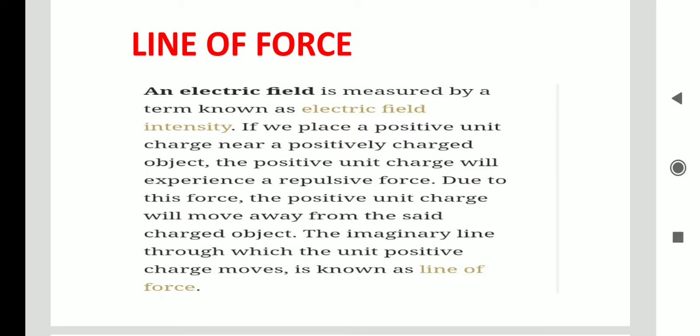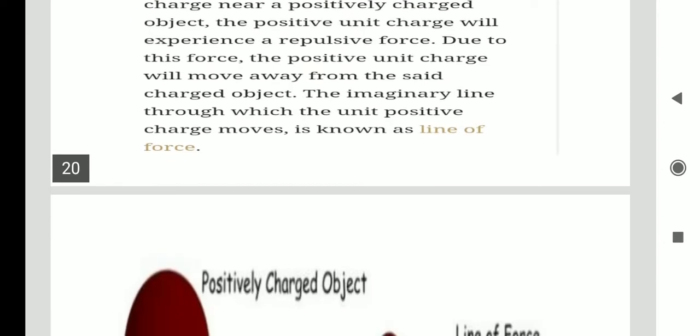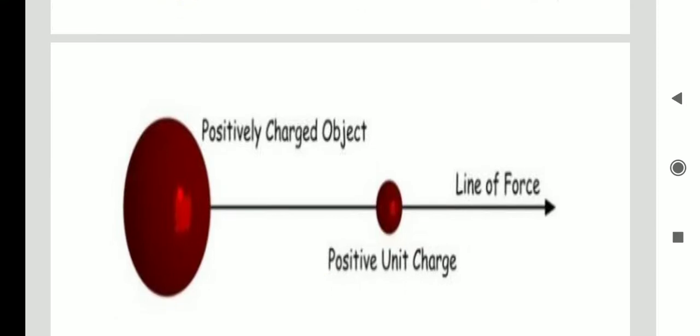The positive charge will move away from the positive object through an imagined line. The imagined line is called line of force. See, positive charged body and a positive unit charge. Now the positive unit charge is moved towards the positive charged object.